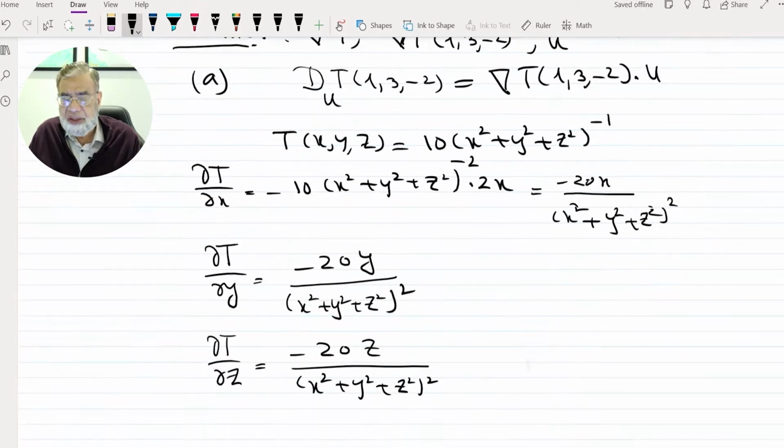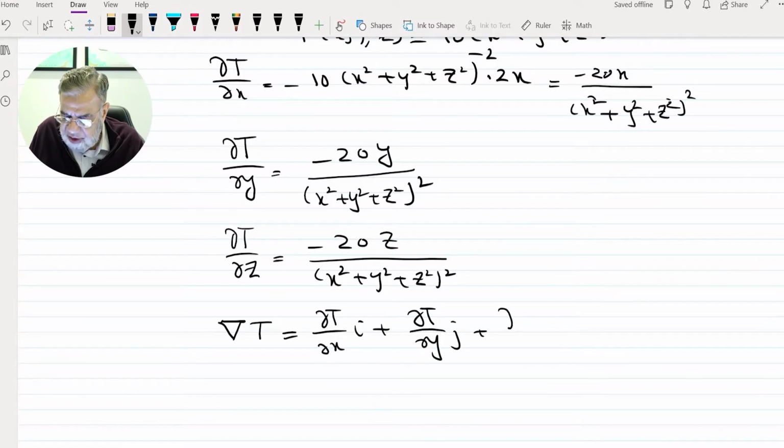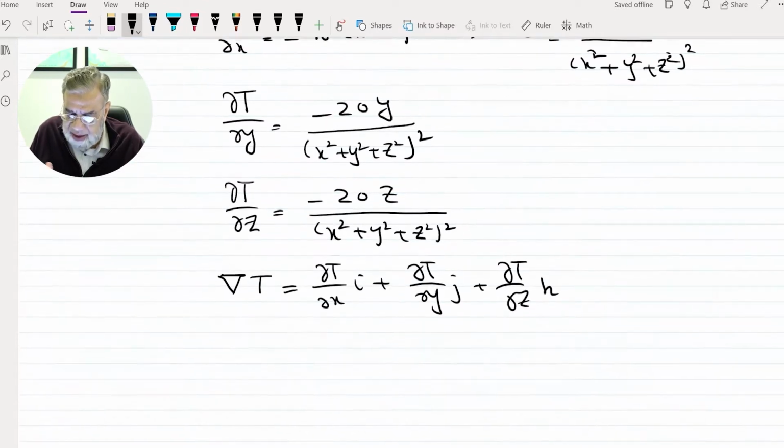Now I have the partial derivatives, I can write my gradient. The gradient of the function T is equal to partial T by partial x i plus partial T by partial y j plus partial T by partial z k. So here I can write my result.